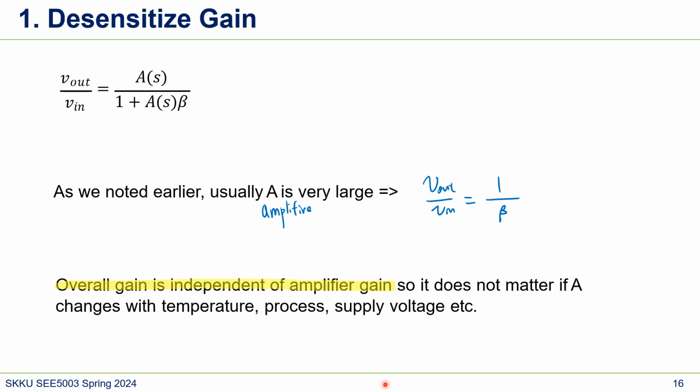So it doesn't matter if A changes over temperature, process, and supply, well, that's PVT. When we design a circuit, the requirement of the amplifier is not that gain is exactly 1000.0. The requirement would be gain is larger than 1000, which is, well, 60 dB in this case.